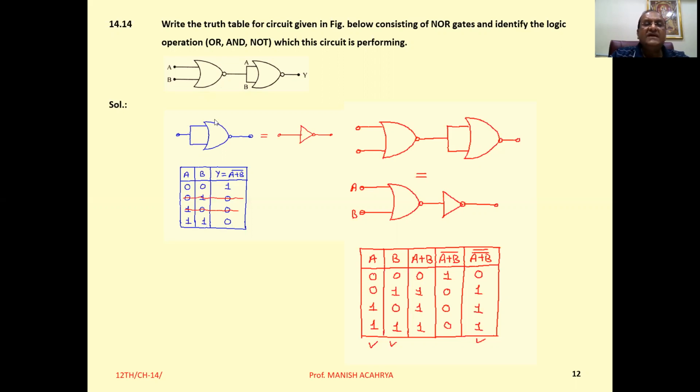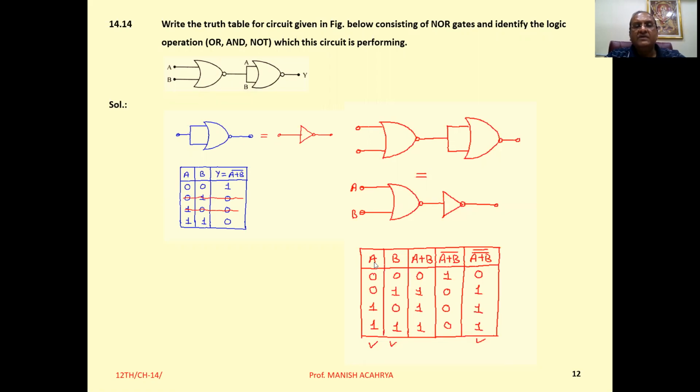It implies that the short-circuited NOR gate behaves as a NOT gate. Now we can prepare this circuit with its equivalent circuit: the NOR gate as it is, but the short-circuited NOR is replaced by NOT because it behaves as NOT.